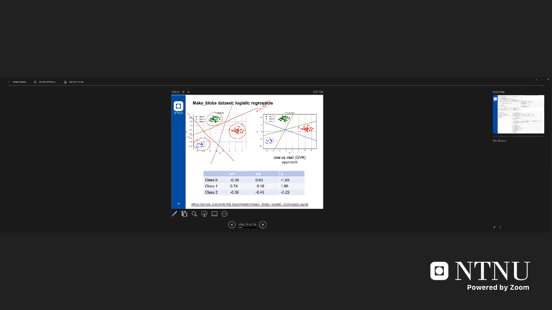So this line will classify the red one as class 1 and the rest as class 2, for example. So we will have model 1 for classifying the green one and the rest as something else. We will have model 2 here. We will have model 3 here. So in this case, we will have 3 perceptrons.